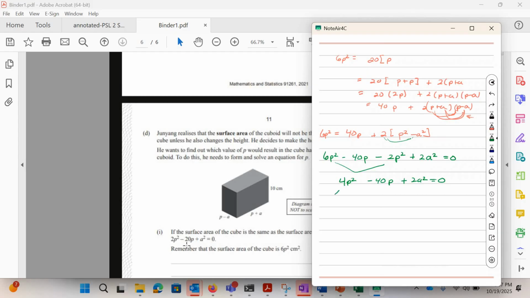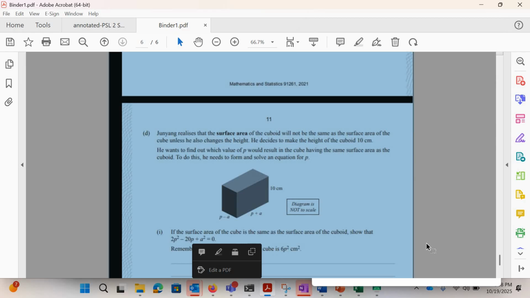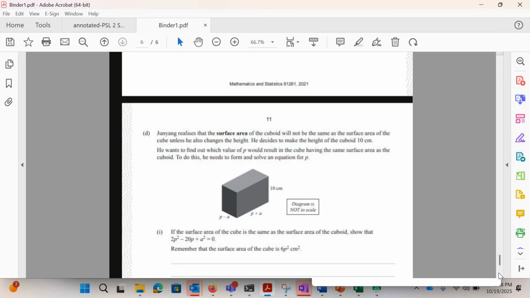If I divide this guy by 2, I get 2p squared. Divide this guy by 2, I get 20p. Oh, 20, sorry. I'm terrible at arithmetic. And over here, I get a squared is equal to 0. Okay, so now I got the same equation they have. Yay! All right, so that's the first question that they asked in part D. The next question.